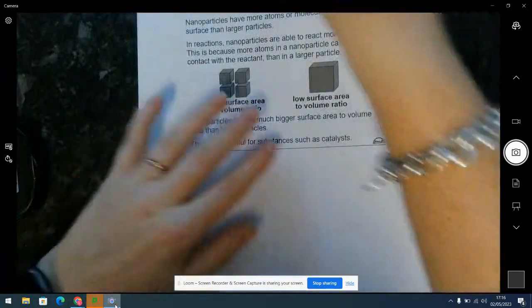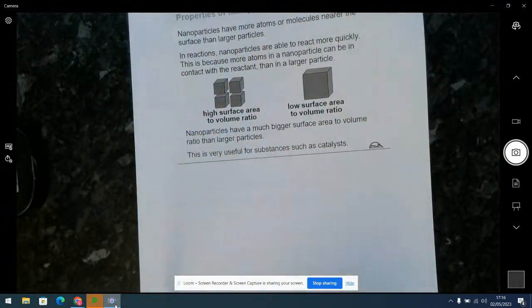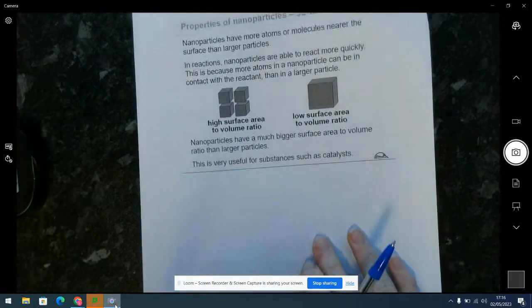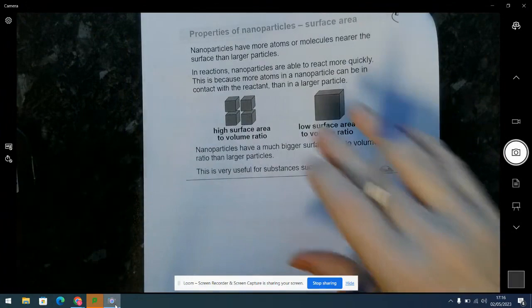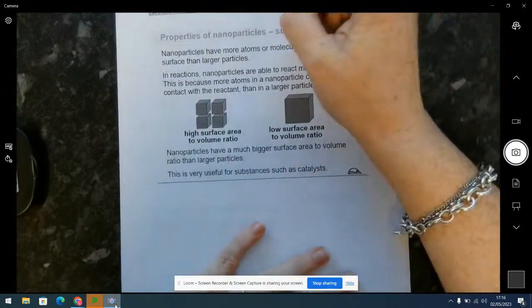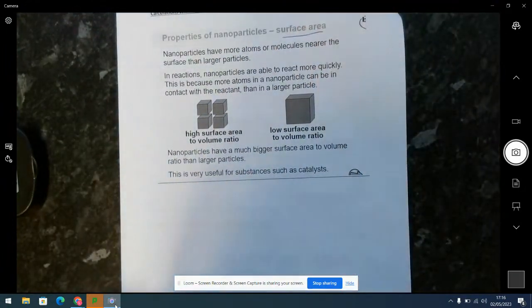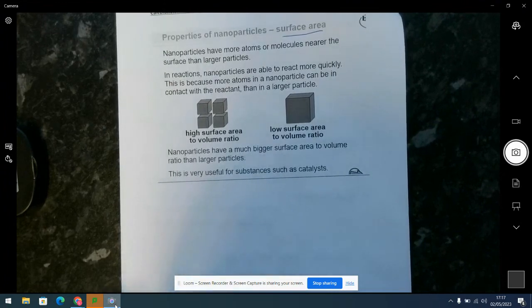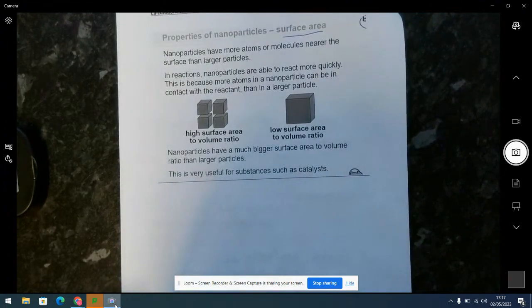The final thing that you need to know about nanoparticles that does come up quite a lot is it's used in calculations. And you need to know about nanoparticles in terms of surface area, because they have what's called a high surface area to volume ratio. And you might get asked to calculate the surface area of a substance, the volume of a substance, and then calculate the surface area to volume ratio.